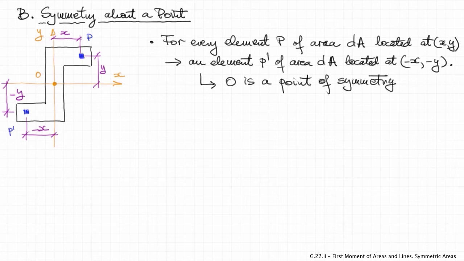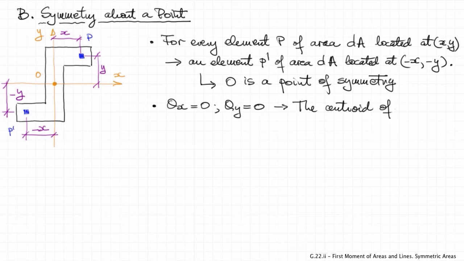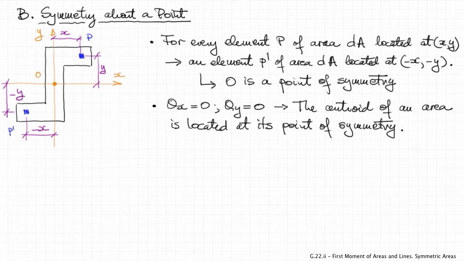And now if you look at the signs of the coordinates X and negative X and Y and negative Y, one can easily determine that the first moments of area about the X and Y axes are 0. So therefore the centroid of an area that has a point of symmetry is located at the point of symmetry. So if you can determine that an area has a point of symmetry, that's also the location of its centroid. Very easy and straightforward, and no need to do any calculations.